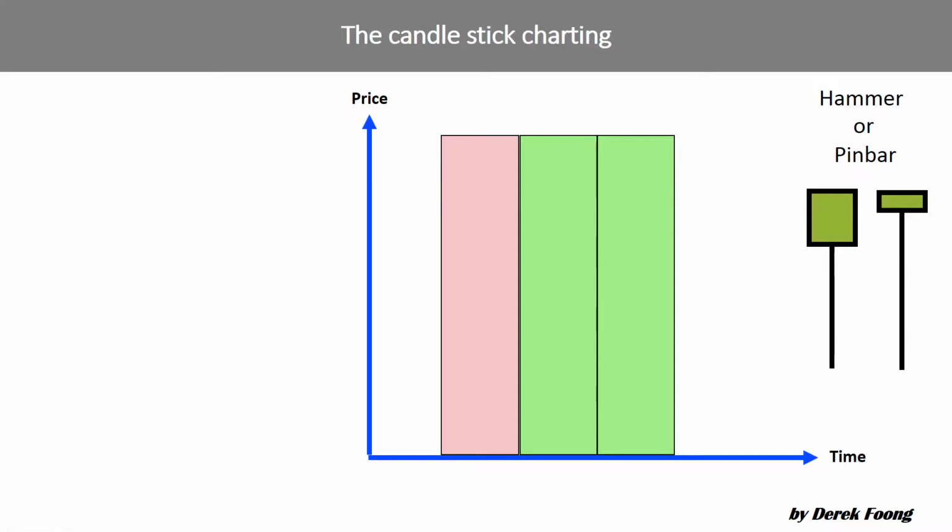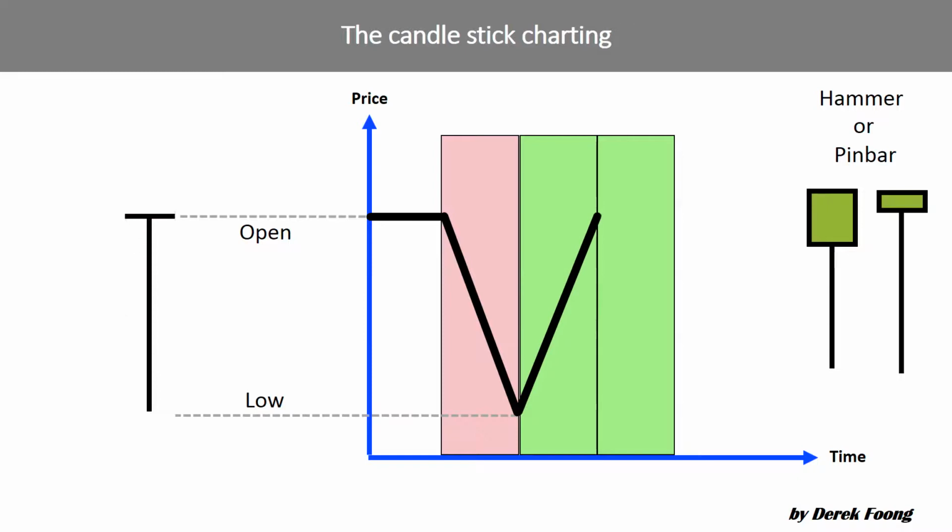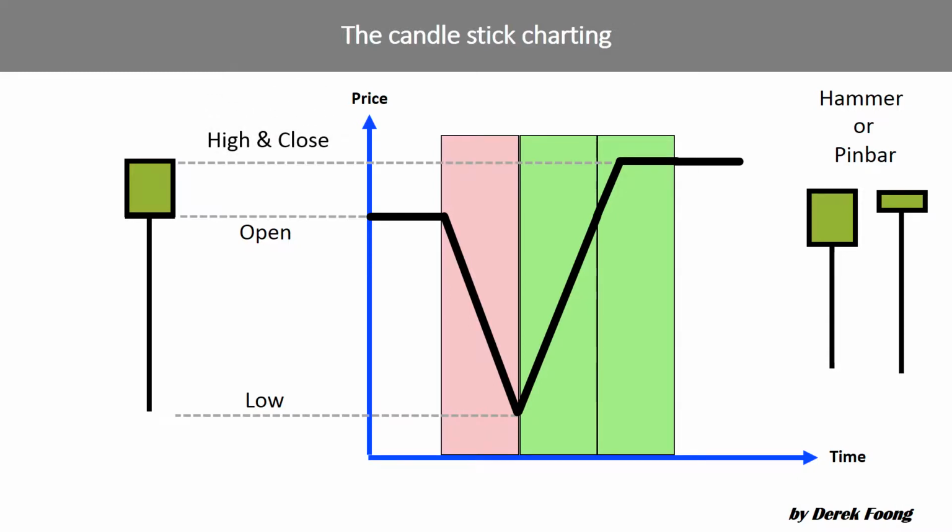And the price characteristics is what we can see, the opening price. Let's say the bears take it down to a very low point, forming a new low. Then the bulls come in and form the price higher than the open, and it manages to close at the high.